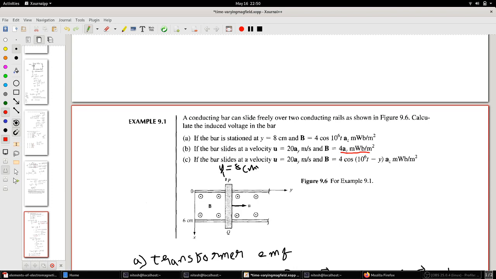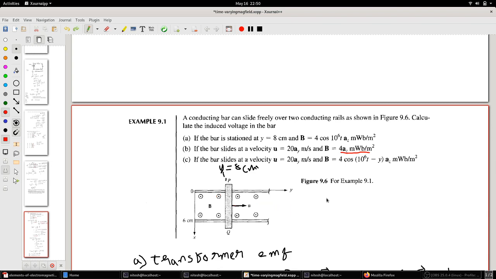So it's 4 Az, meaning it's coming out towards us. This bar slides at a velocity of 20 Ay, so it is moving in this direction, the Ay direction, sliding away.